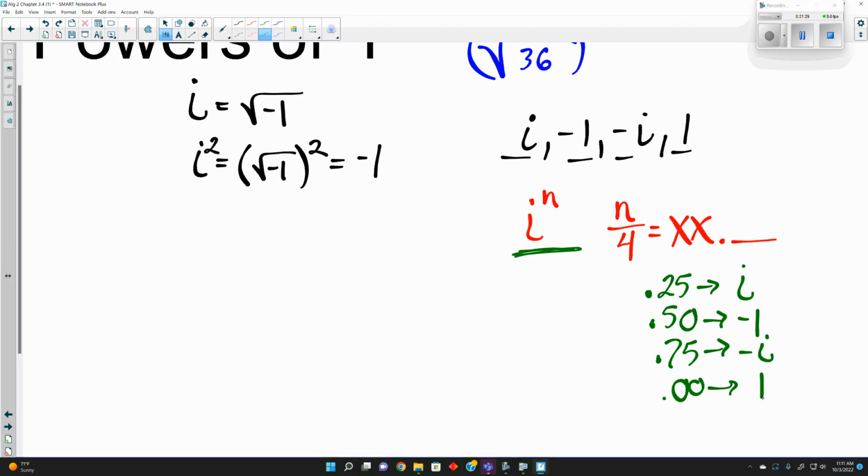It doesn't matter what the whole number is. We just care about the decimal. Questions on this so far? Okay.